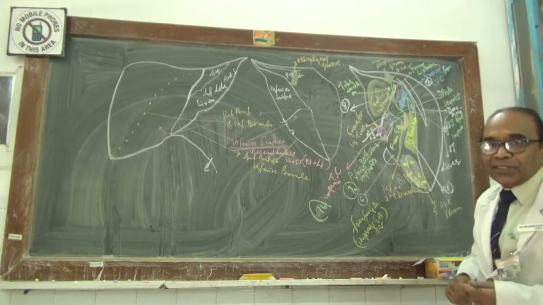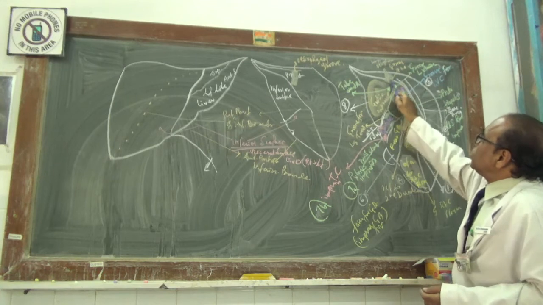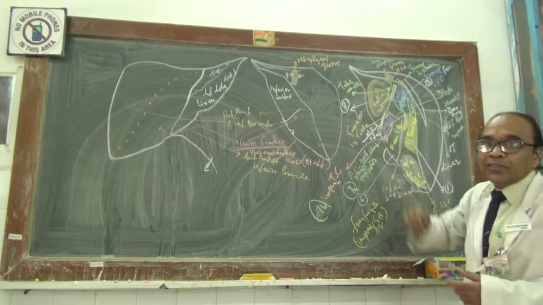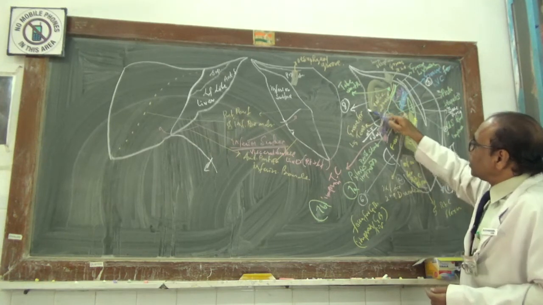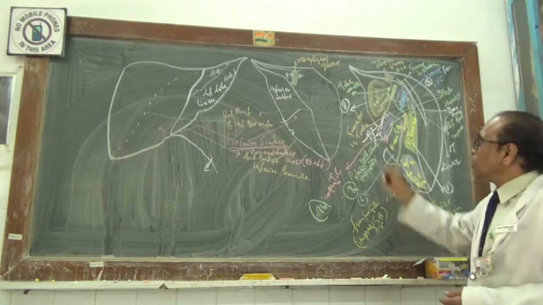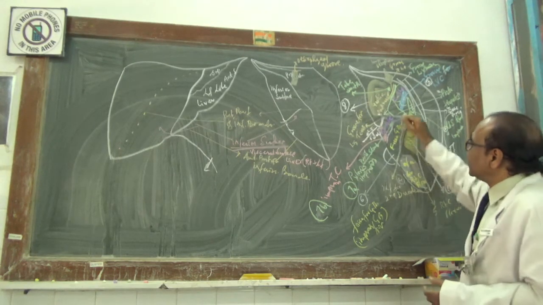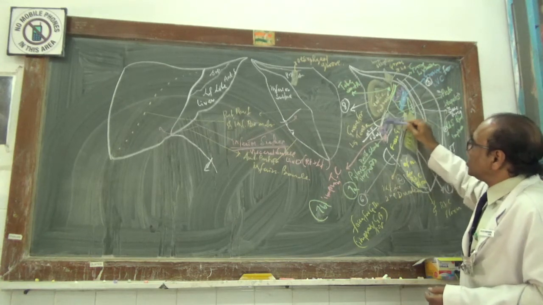Now this gastric impression, above, is related to the esophageal impression. Below, it is related to the left part of the inferior border of the liver. Below and medially, it is related to the fissure of ligamentum teres of the liver.